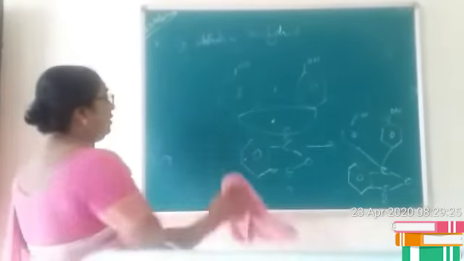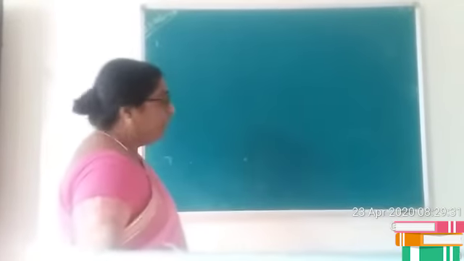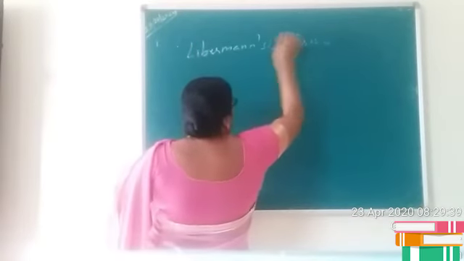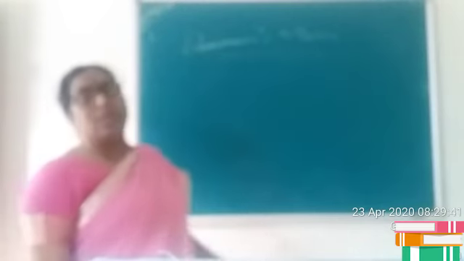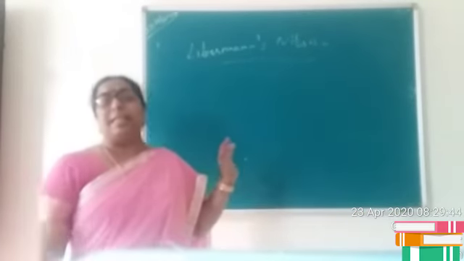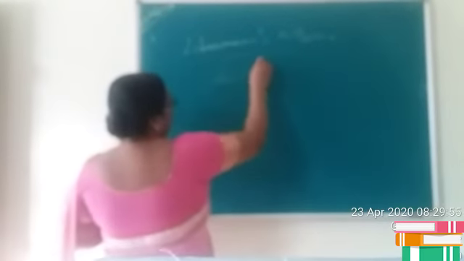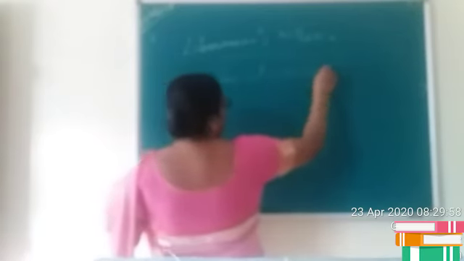Next, and the last property of phenol, let us consider Liebermann's nitroso reaction. In this case, phenol is treated with sodium nitrite, NaNO2, dissolved in concentrated sulfuric acid, and you will get a red colour solution, which changes to blue when treated with alkali.